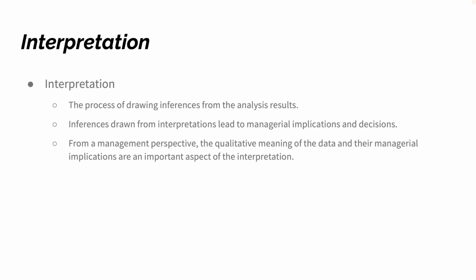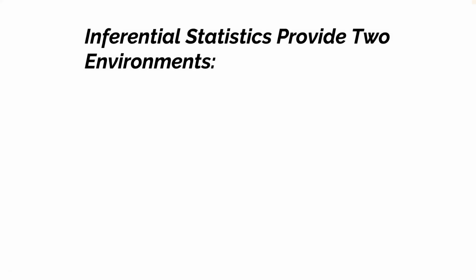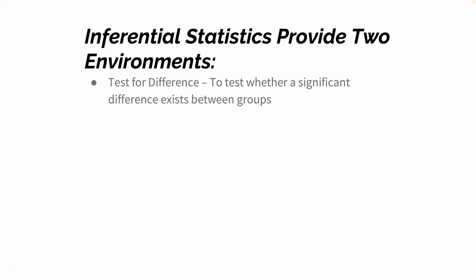So let's now talk about interpretation. The interpretation is when we look at the analysis that's run. So say you have SPSS, the stat program, and you give it some data and you run some analyses. Well, how do you figure out what these numbers mean? What do you do with them? And here we can look at some types of tests that you might be doing, like a test for difference.